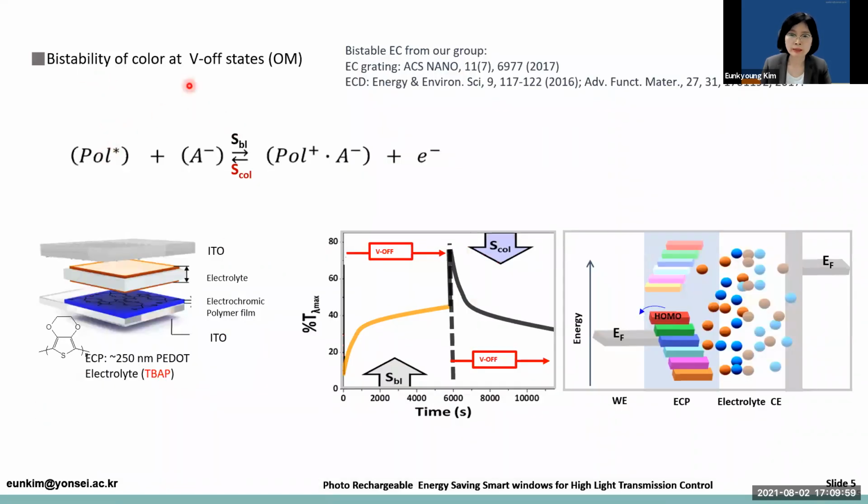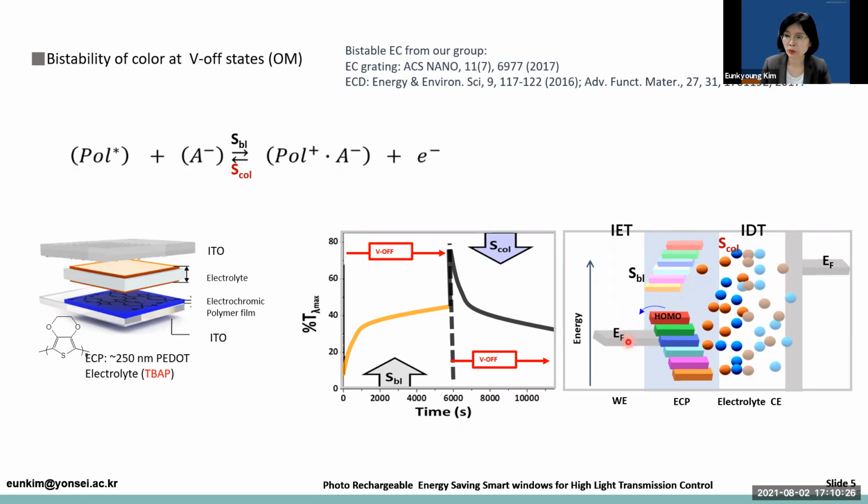Fundamentally, this bistability of color at voltage off state relates to the spontaneous self-bleaching or self-coloration. And the self-coloration normally occurs at this interface between polymer and the electrolyte, where the ions are transferred to the electrolyte.